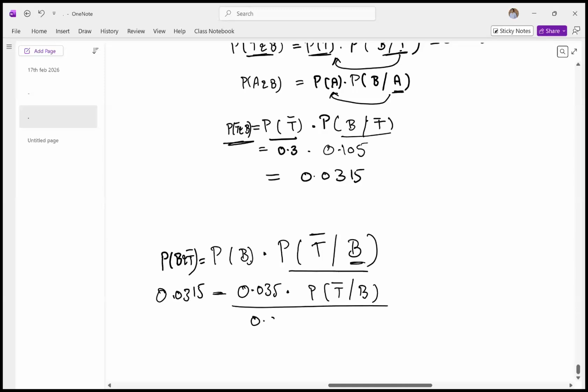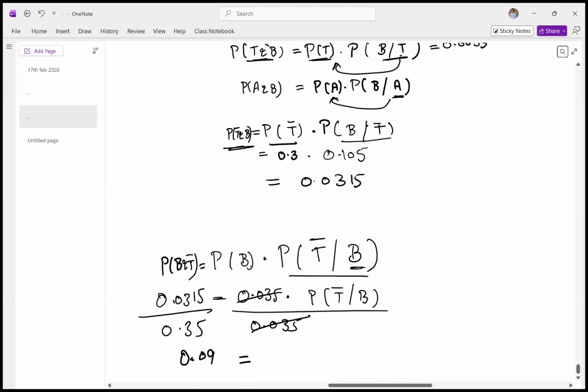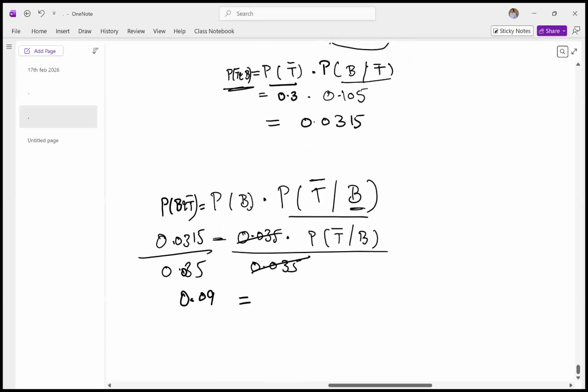So dividing both sides by 0.035 will give you the answer: 0.0315 divided by 0.035, which is 0.9, or 90%.